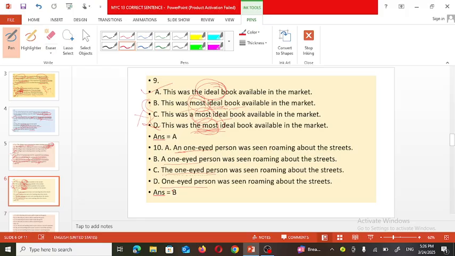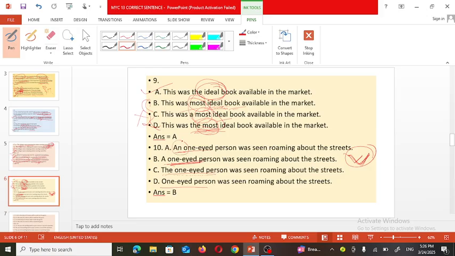Remaining things are the same everywhere. Here, when we are pronouncing one-eyed, we use the sound W, isn't it? And W is not a vowel. When we pronounce one-eyed, there is no vowel sound over here.